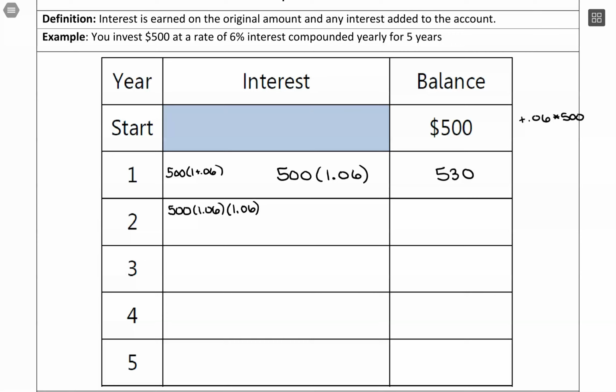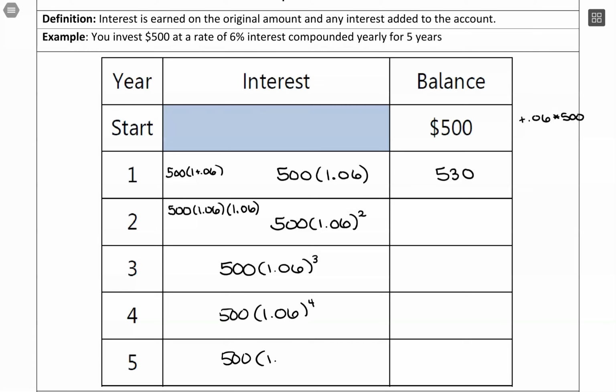So what this would be is 500 times 1.06 with an exponent of 2. So we'd be taking that 106% twice. Similarly, when we get to year 3, we'd start with that 500, and we'd want to take 106% of that value 3 times. And then for year 4, 4 times, and year 5, 5 times.